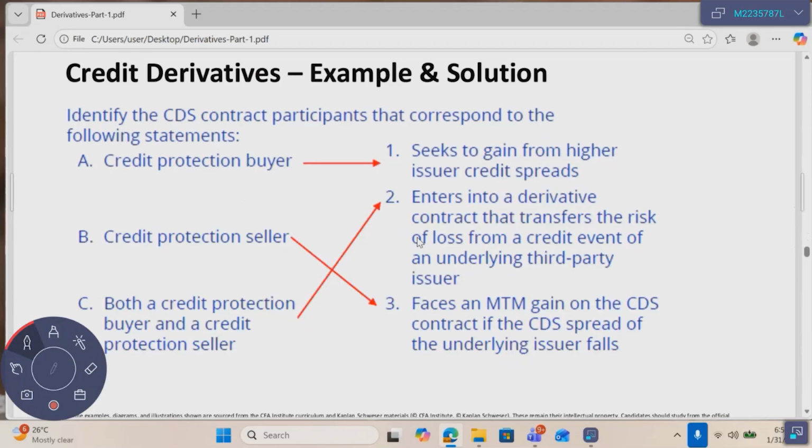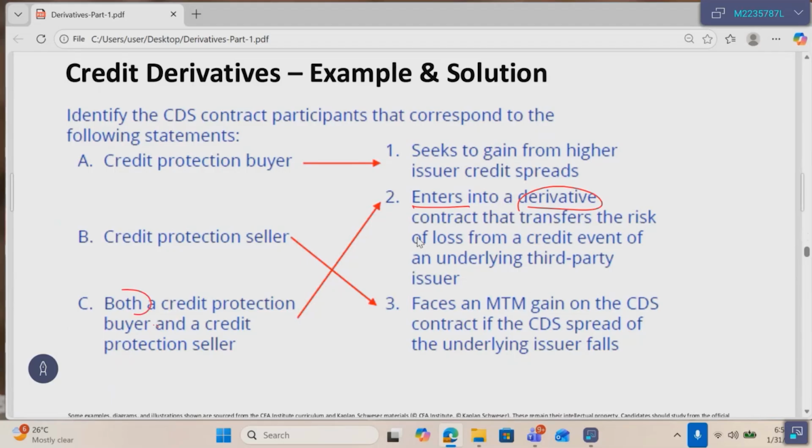So both people I mentioned enter into a contract, correct? Both of them enter into a contract to transfer the loss or gain, right? The buyer is the person who will gain if the spread increases, because that means the chance of default goes up, and who will get the money from default?